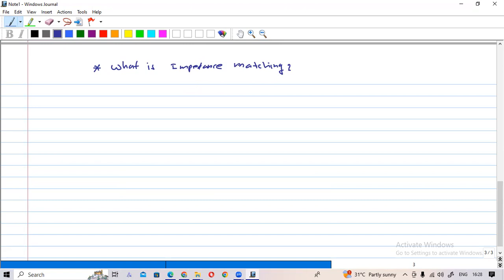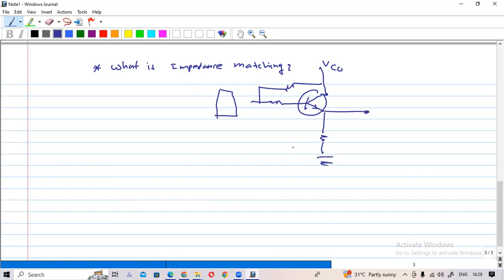So you know that if you consider an amplifier, let's say you just consider a transistor amplifier like this. This kind of thing is an amplifier.